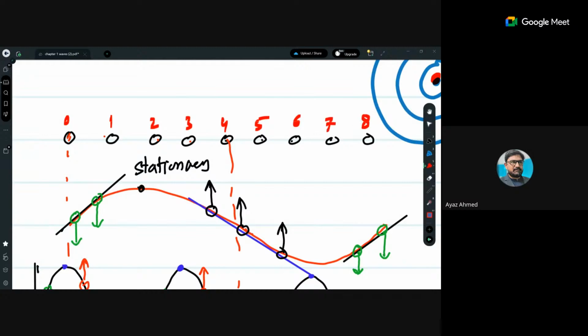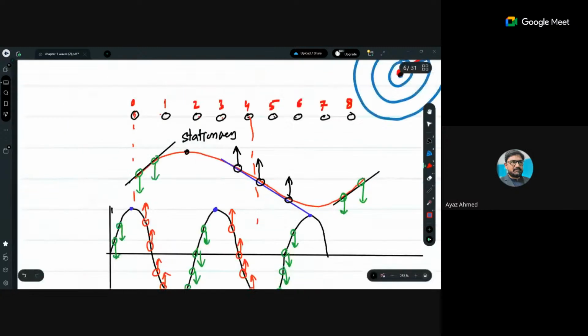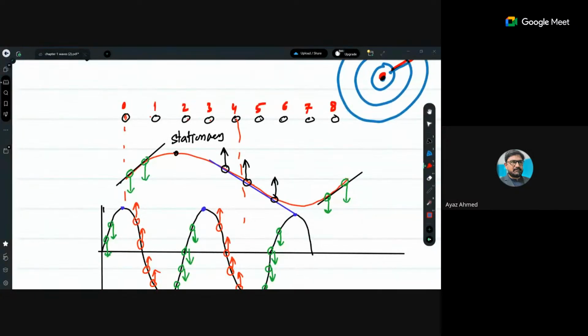All these particles are at the equilibrium position without disturbance, at the mean position. Then when you propagate the energy, when you disturb them, all the particles will be disturbed from the mean position, one after another.